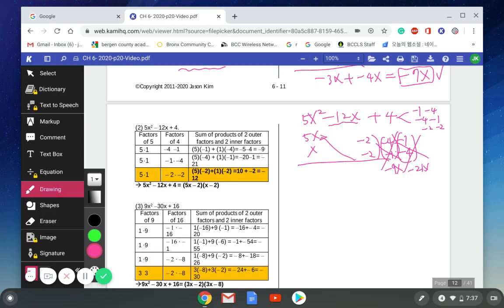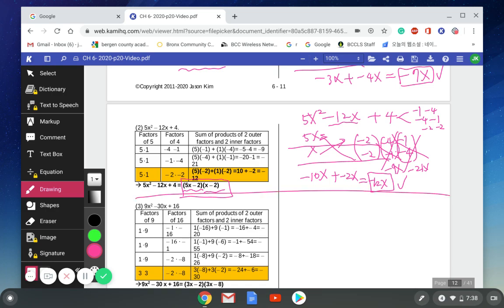When I cross multiply -10x with a -2x, that makes -12x. Bingo. So this setup, which is 5x minus 2 with x minus 2, worked. So this time it worked at the third trial on the trial and error method.